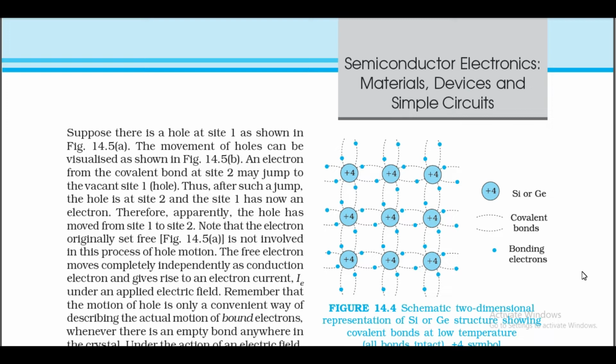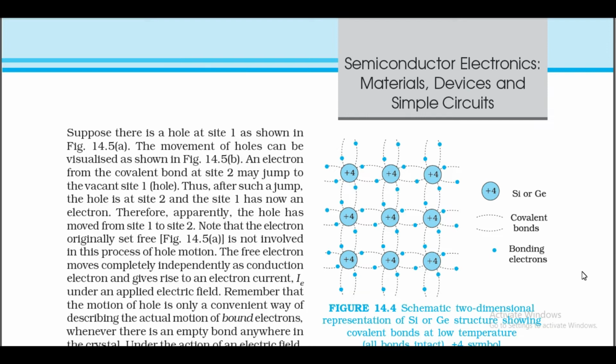An electron from the covalent bond at site 2 may jump to the vacant site 1, the hole. Thus, after such a jump, the hole is at site 2 and site 1 now has an electron. Therefore, apparently the hole has moved from site 1 to site 2.